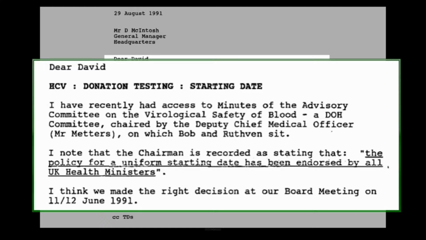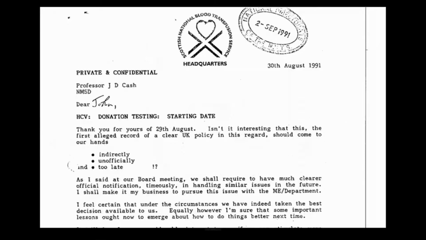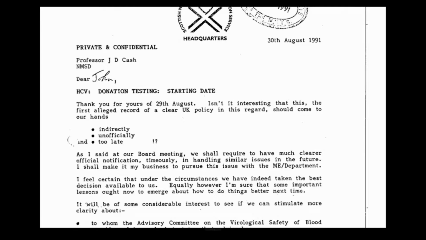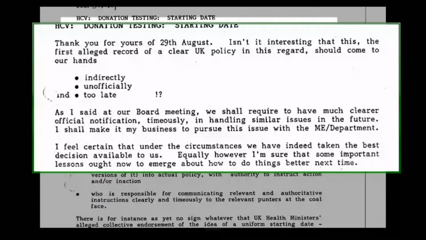That letter triggered an interesting response from David McIntosh at NHBT 5077_071, 30th of August 1991. He thanks Professor Cash for the letter and then says this, isn't it interesting that this, the first alleged record of a clear UK policy in this regard, should come to our hands indirectly, unofficially, and too late.